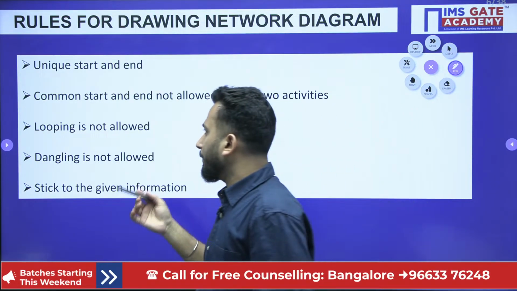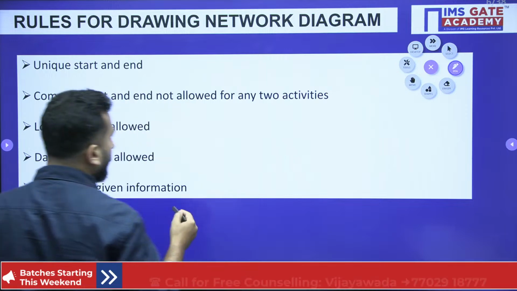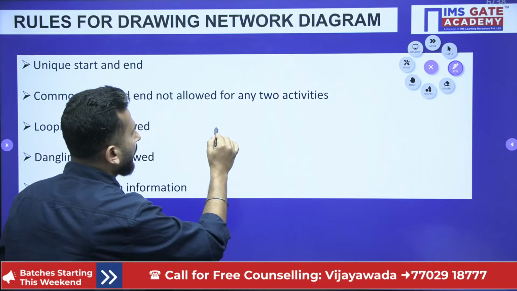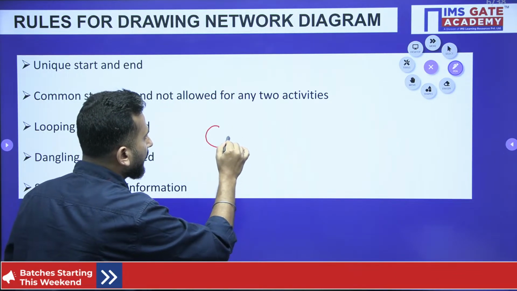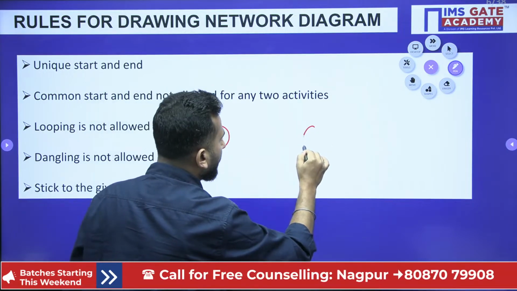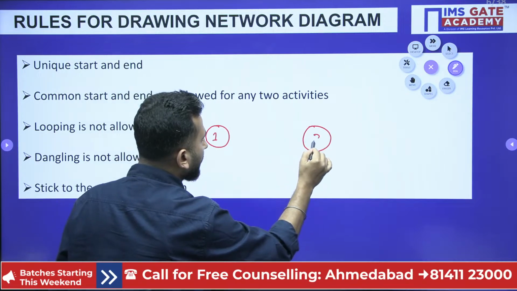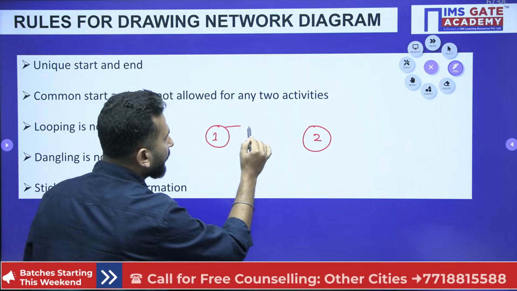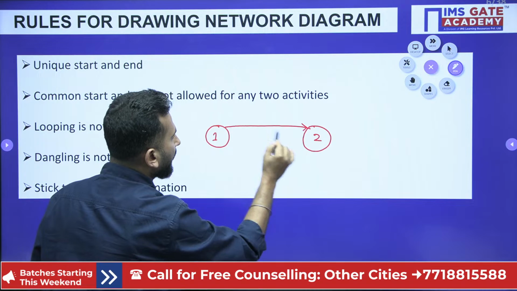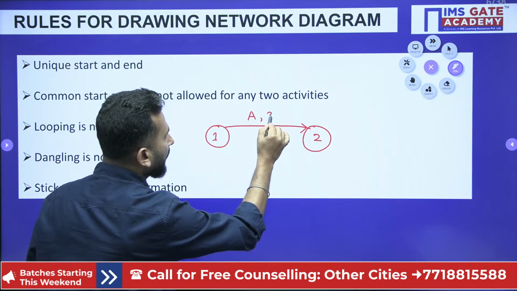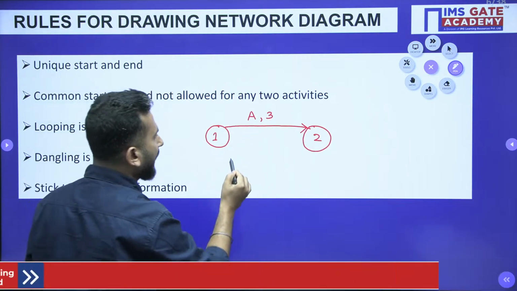What does this mean? Let me try to give you an example. Suppose in a network diagram these are the two events. Let's say this is event 1 and this is event 2. Let's say you have drawn this activity A having 3 days of time, or 3 time units.